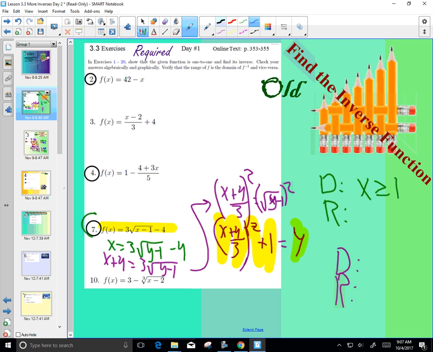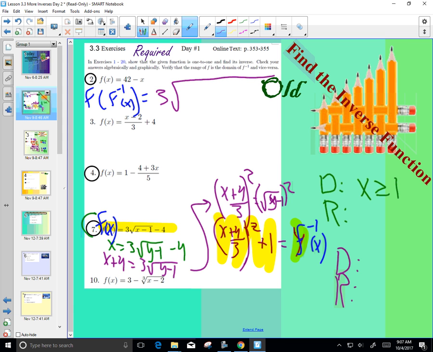I'm going to take f of x, and this is f inverse of x. And I'm going to do f of f inverse. I'm going to do something kind of strange. I'm going to write this 3 times the square root of x minus 1 minus 4. And I'm just going to get rid of some of my pictures here.